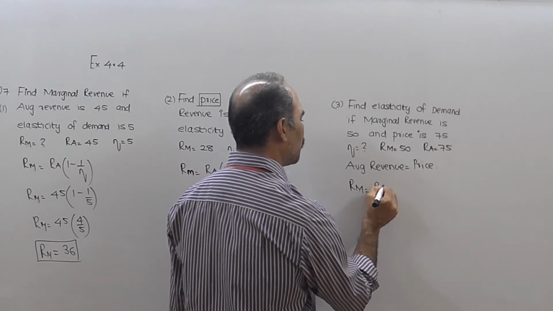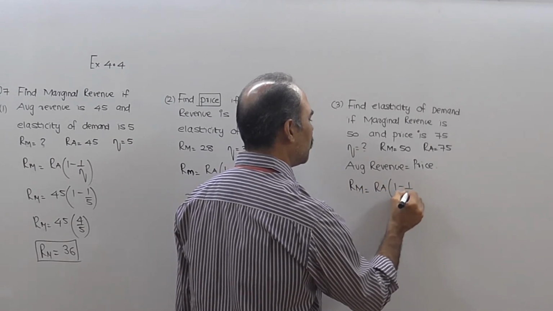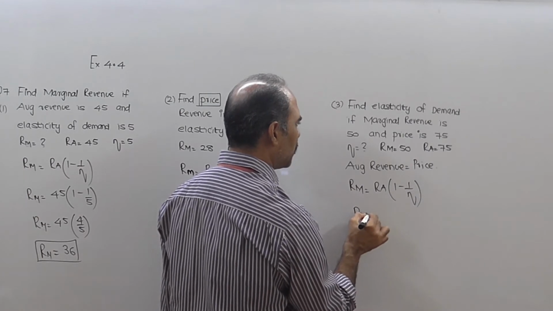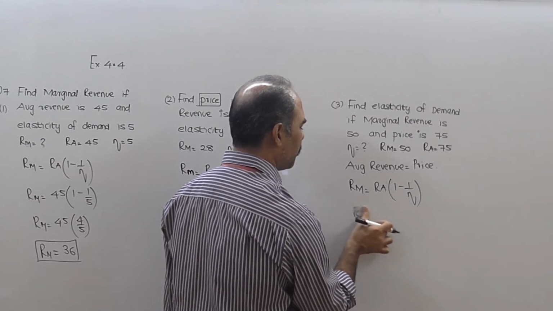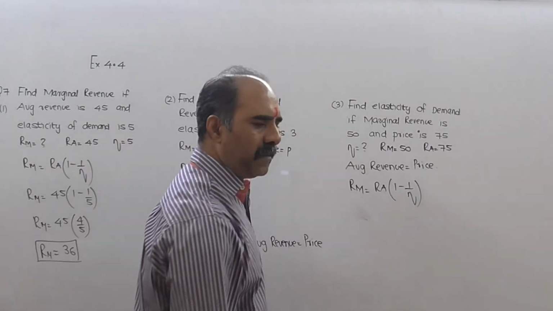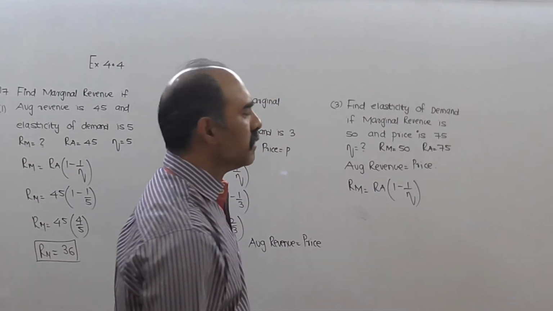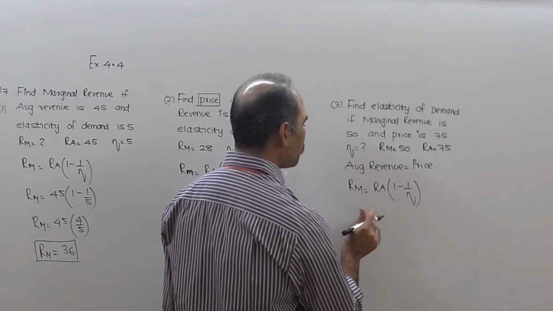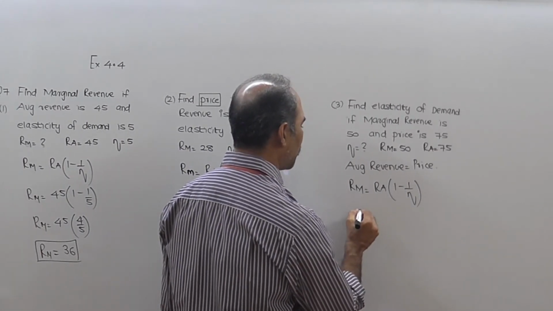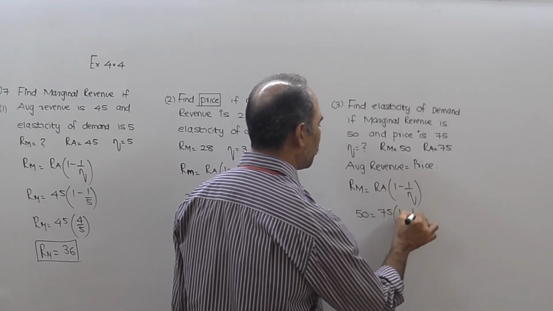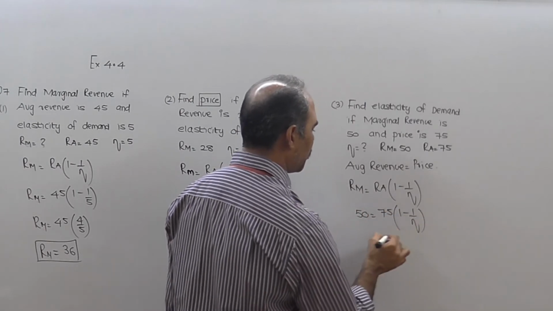Marginal revenue equal to average revenue times 1 minus 1 upon eta. So marginal revenue is 50, average revenue is 75, 1 minus 1 upon eta.